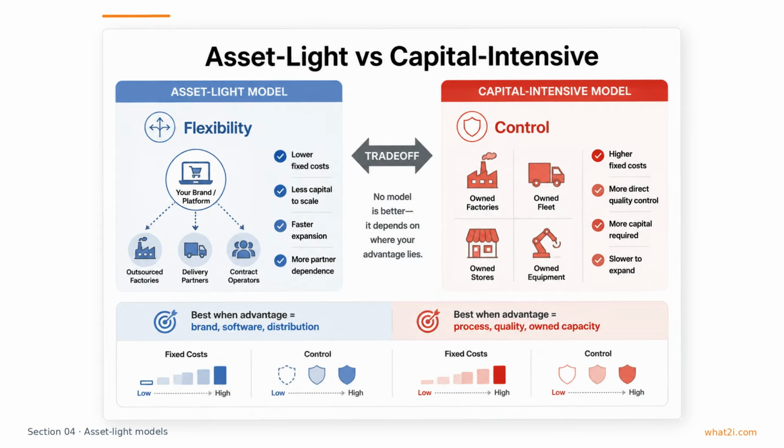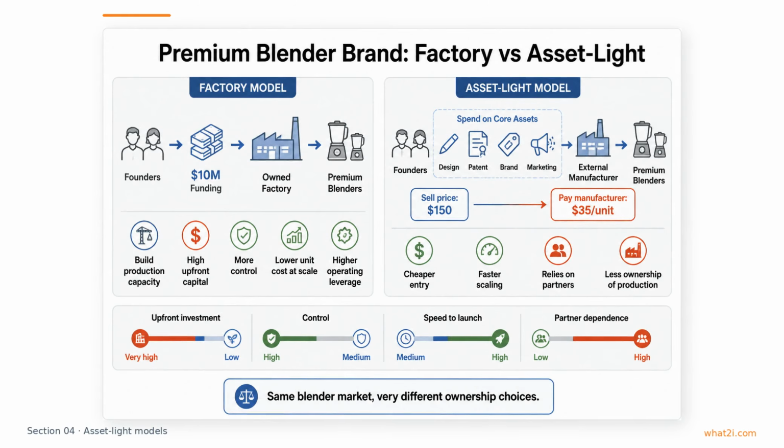Whether that is a good trade depends on where the competitive advantage actually sits. If the edge comes from brand, software, or distribution, asset-light can make a lot of sense. If it comes from process control or proprietary production, ownership may matter more. The premium blender example shows how two businesses can pursue the same market with very different ownership choices.